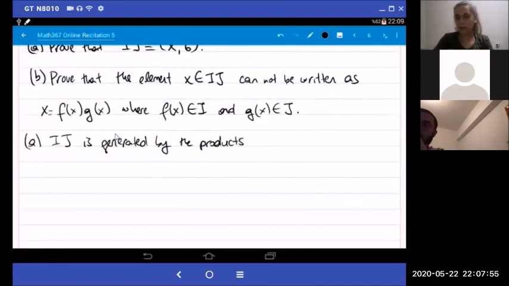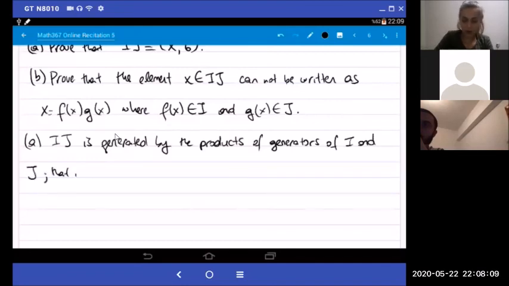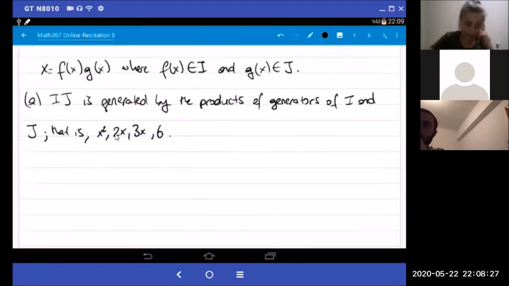Remember that you are in commutative rings, products of generators of I and J. So we know that I times J is generated by x squared, 2x, 3x, and 6. We know that all of these elements lie in the product ideal I times J.